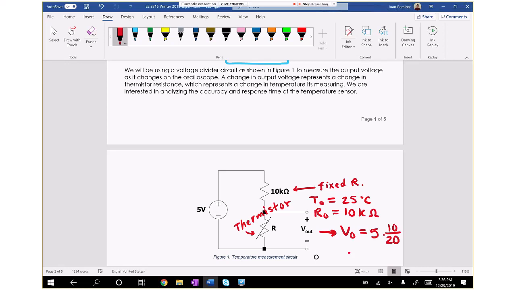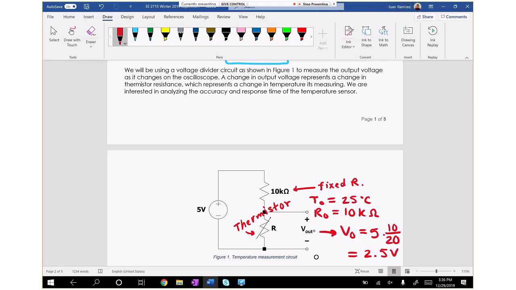Alright, so that would give us 2.5 volts. So V out would be 2.5 volts when in the presence of a 10 kilo ohm thermistor resistance, right?